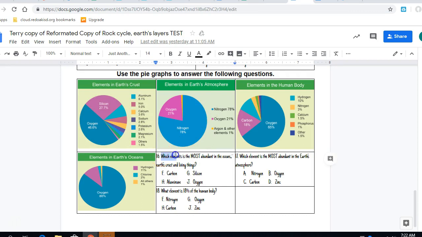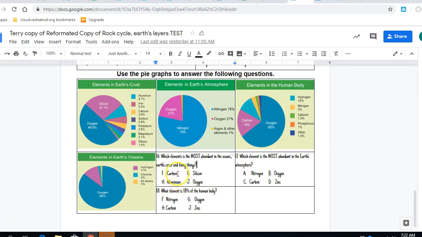Which element is the most abundant in the ocean, Earth's crust, and in living things? So here's oceans, Earth's crust, and living things, because humans are living. What's the most abundant?